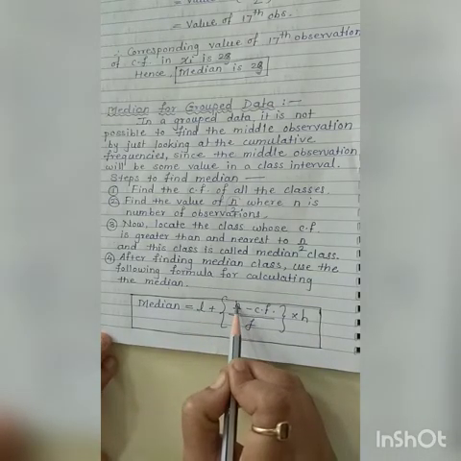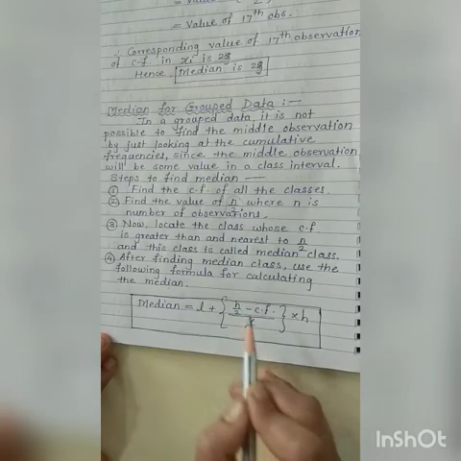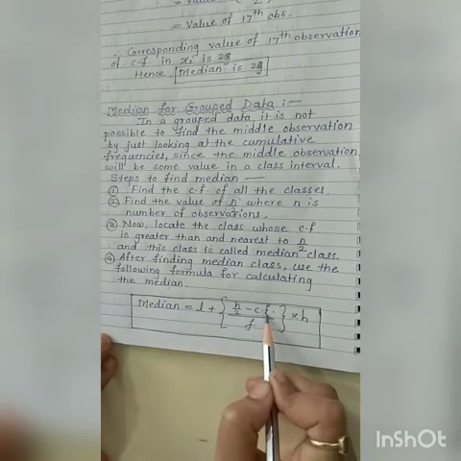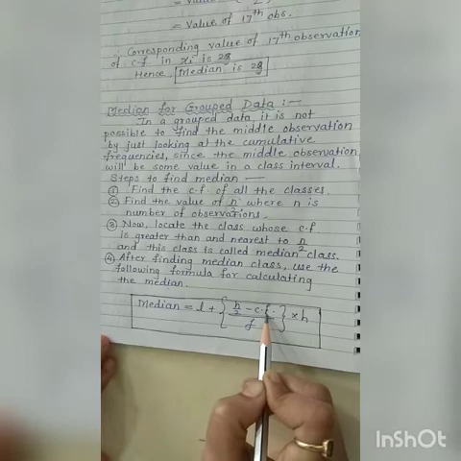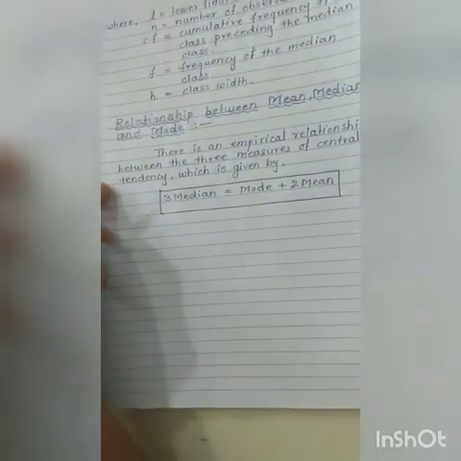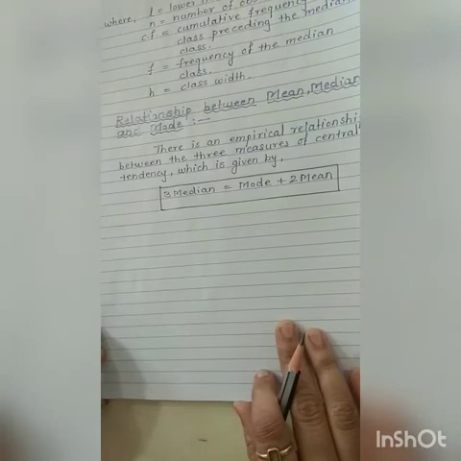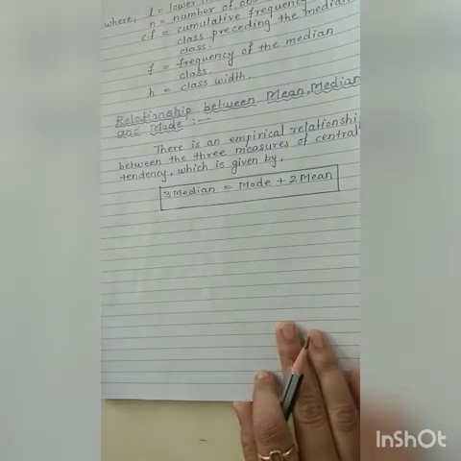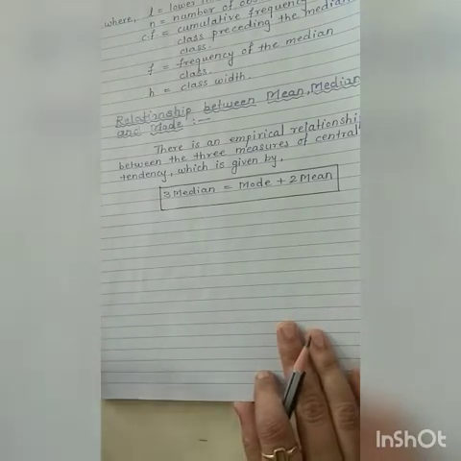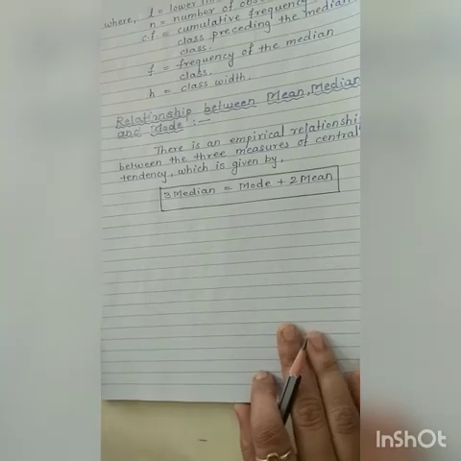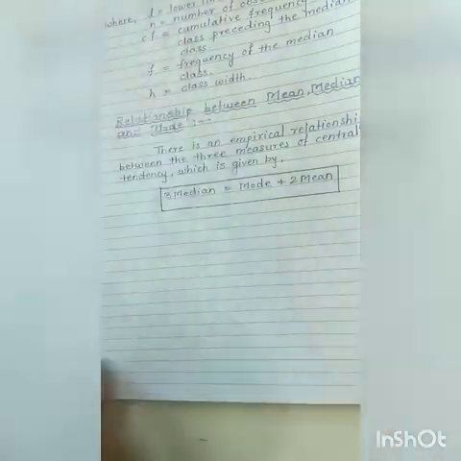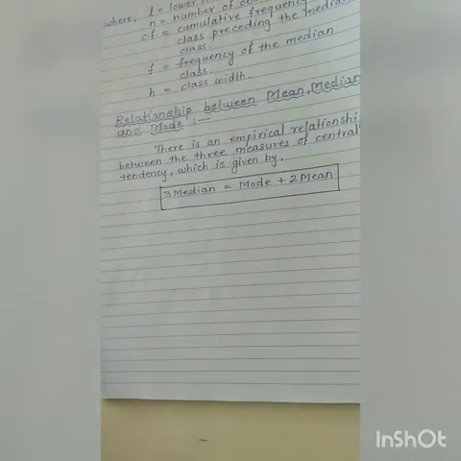Then n is the total number of observations. Now CF is the cumulative frequency of the class preceding the median class. So the class interval which is before the median class, you have to write the cumulative frequency of that class. Now F is the frequency of the median class.